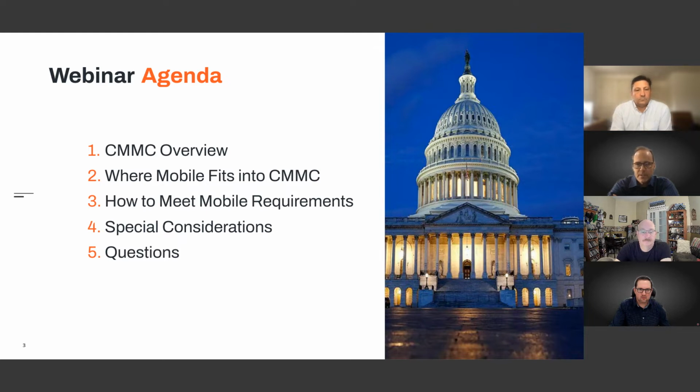I'll offer some context around the fact that it can be a little confusing when you start looking at all the various security domains and security controls, largely governed by NIST 800-171. There's also some language, vocabulary and nomenclature dynamics that can present a challenge for those who aren't overly familiar with 800-171, or some of the vocabulary associated with mobile security.